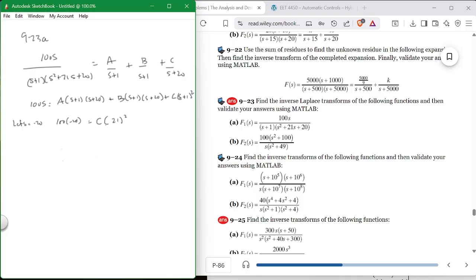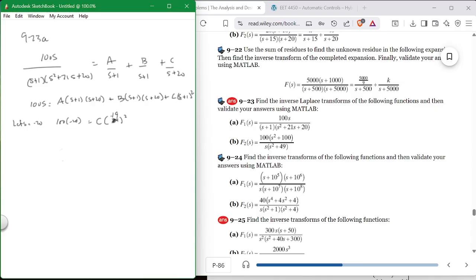Oh, minus 20 plus 1 is minus 19, Ted. All right, so this is C. C is equal to minus 20 plus 1 is minus 19 quantity squared.